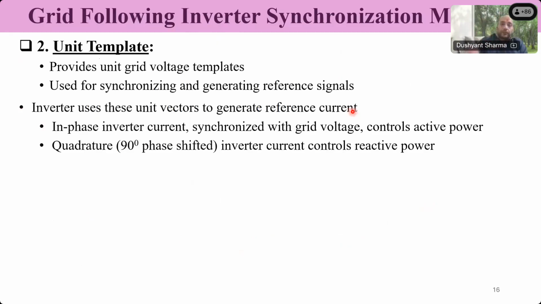So that waveform with a peak of 1 and -1 is called a unit template. So what we get is a unit template waveform with a peak of 1 and -1 only.